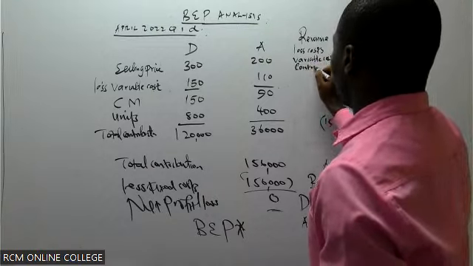So if you deduct these costs, so less costs, what will you have as your net profit? When you get the difference between the total revenue and the total cost, we are getting to 0.